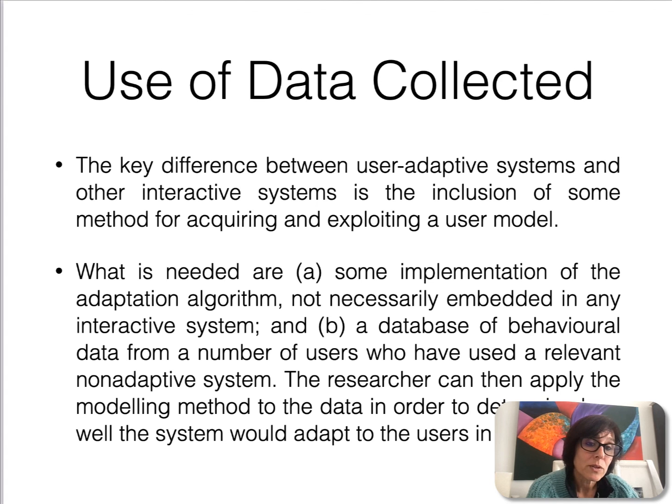The key difference between user adaptive systems and other interactive systems is the inclusion of some method for acquiring and exploiting a user model. What is needed is some implementation of the adaptation algorithm, not necessarily embedded in any interactive system, and a database of behavioral data from a number of users who have used a relevant non-adaptive system. The researcher can then apply the modeling method to the data in order to determine how well the system would adapt to the users in question.